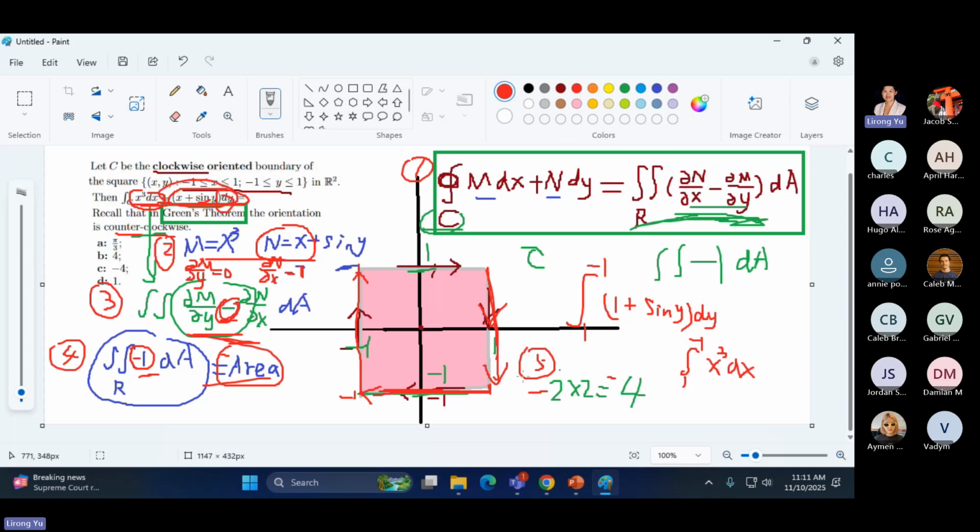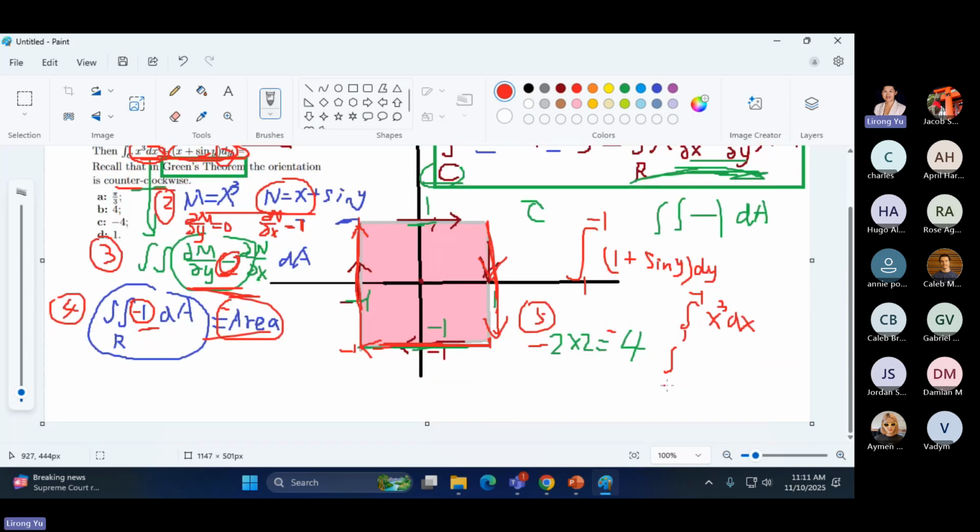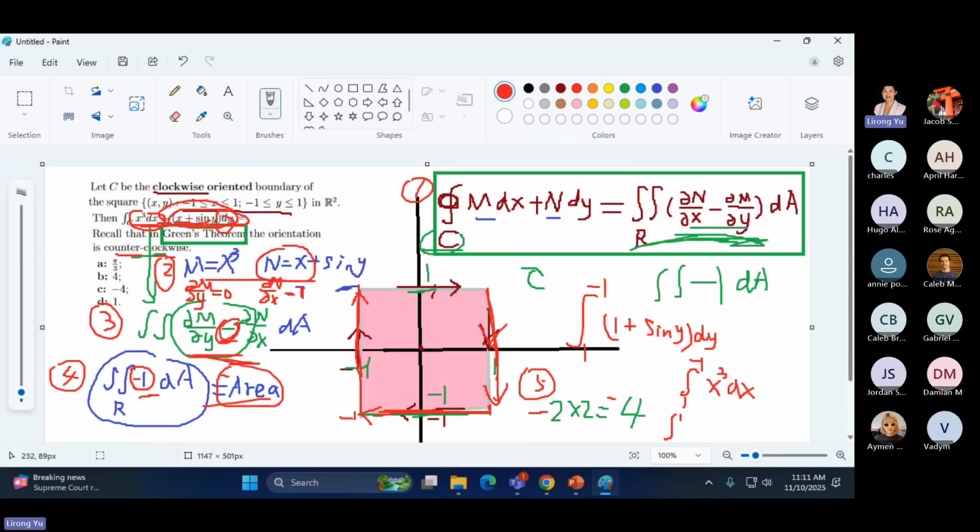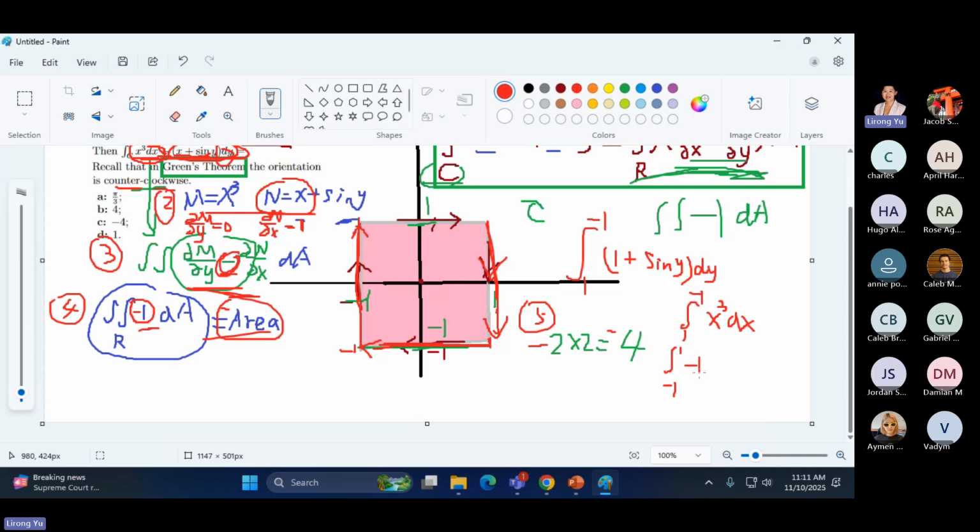So this integral will be the integration from -1 to 1 of -1 plus sine y dy. That's that part. The last part is the integration from -1 to 1 of x cubed dx, since on this part dy will be 0, because there's no change to the y value.